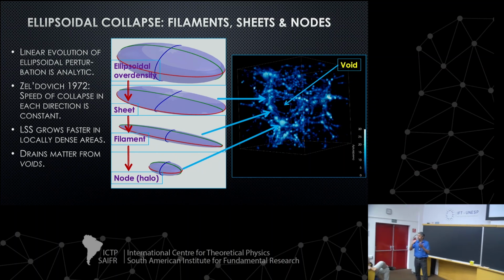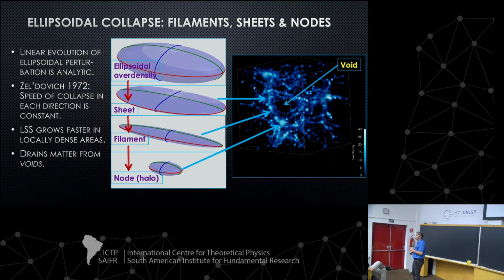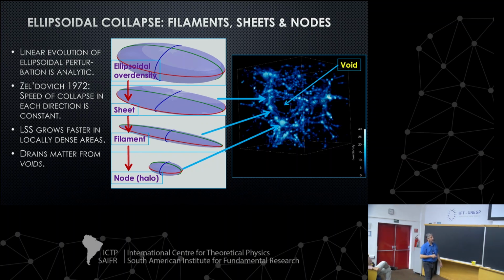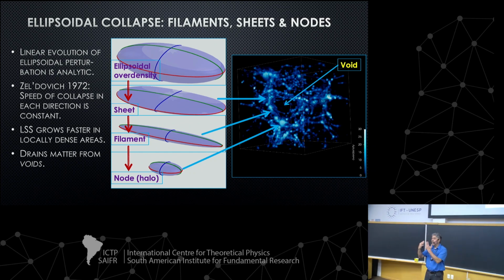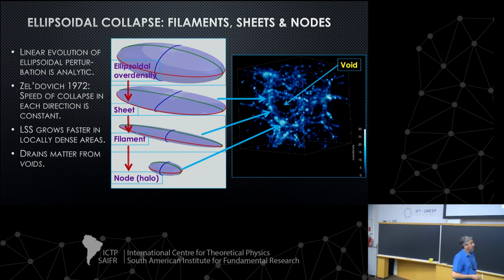You saw that in the movie, where things proceeded much more quickly in the dense regions. Because the matter is draining into the higher density regions, there are some low density regions, and those are called voids. So we get voids as well.